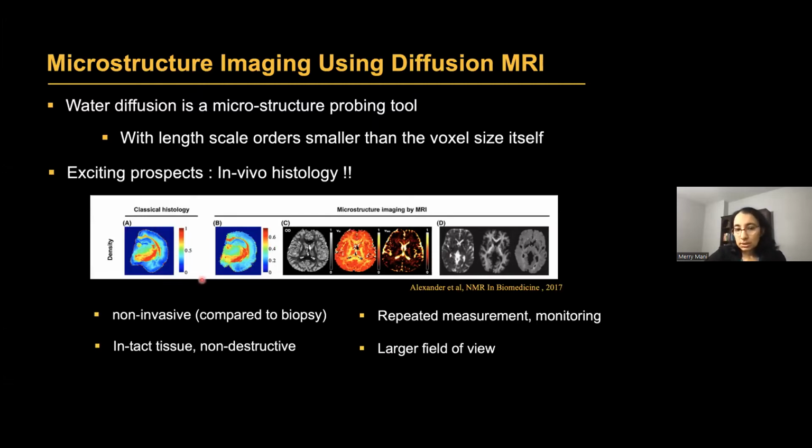As we all know, classical histology has several disadvantages. It's an invasive technique, it destroys the cell. But if we can do in vivo histology, then we can start thinking about looking at the cellular level information in vivo without having to kill the tissue, which has a lot of implications in understanding the human physiology or the brain physiology.